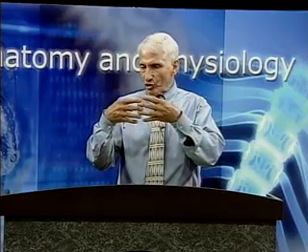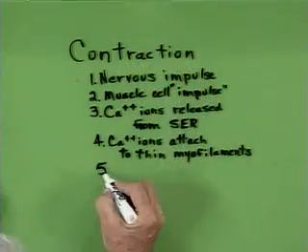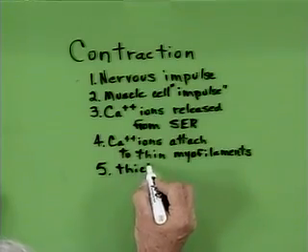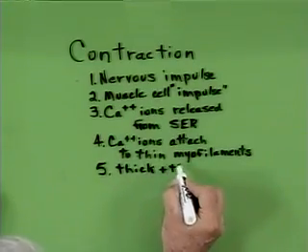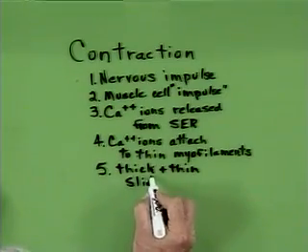So by causing the shape change, that initiates the interdigitation. There's a whole lot of details in between. When you take a course in physiology, they'll go through this. But the fifth thing that I want to put up here is, we'll just put thick and thin slide together. The thick and thin myofilaments slide together, interdigitate.